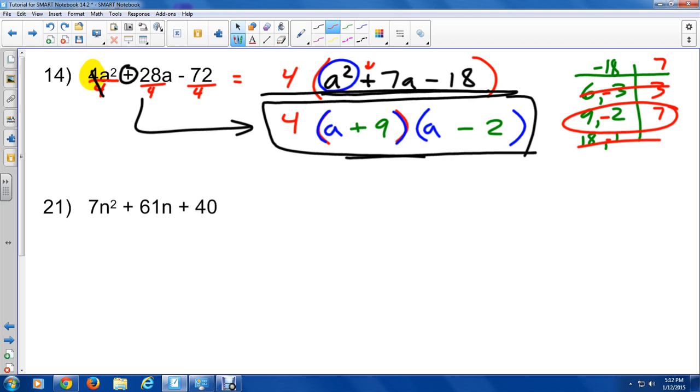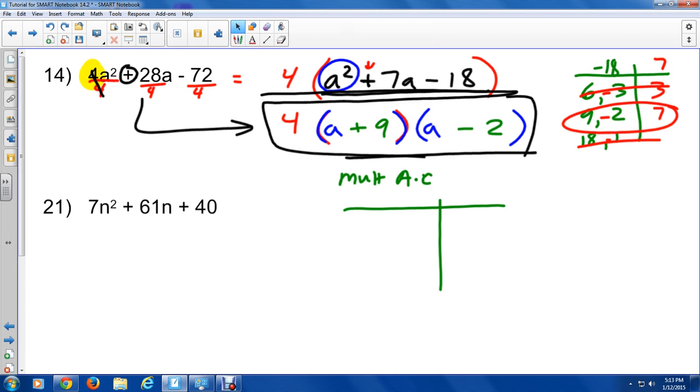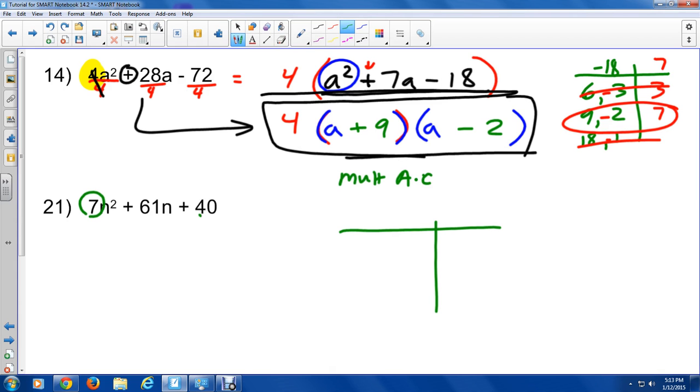The reason that I think a lot of people call it the AC method is that when you make your little T-chart, essentially, that we've been doing, our product, our multiplying, is A times C. In this case, A is 7, C is 40. So 7 times 40 is giving me an answer of 280 for my product.